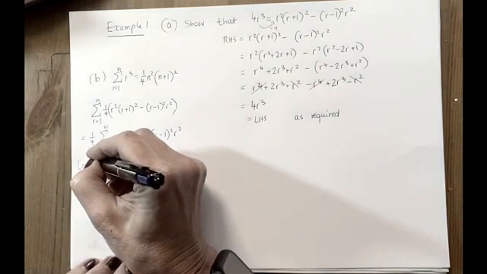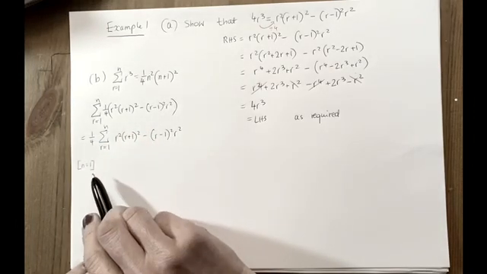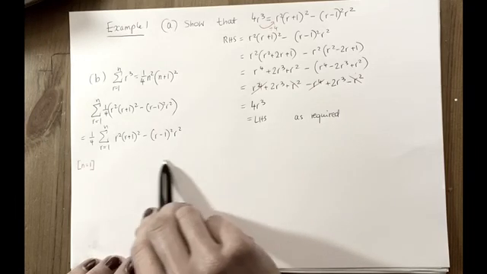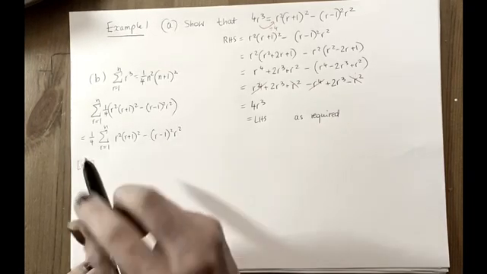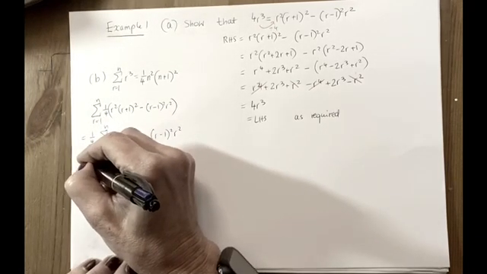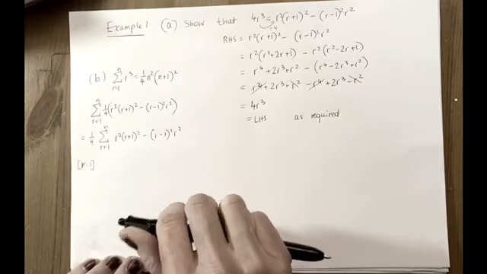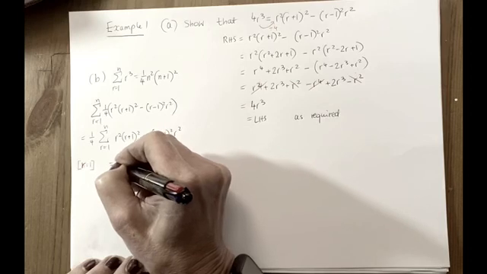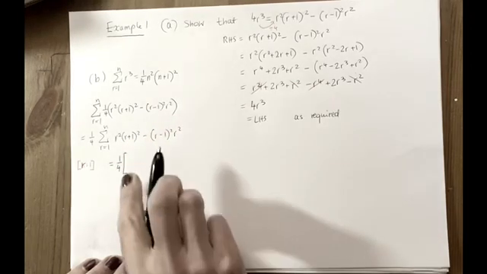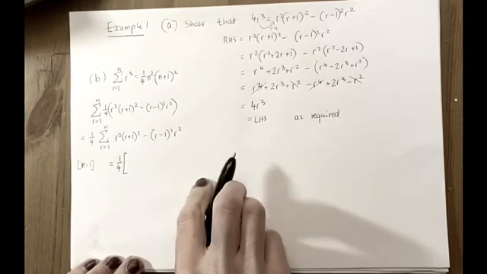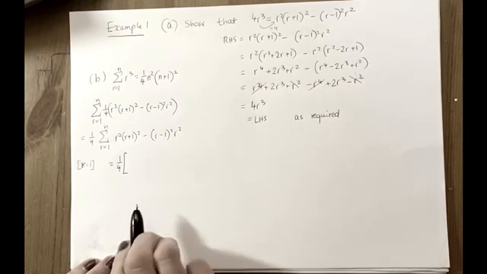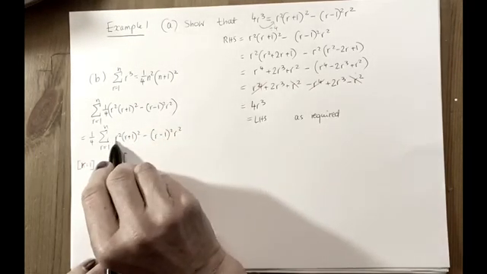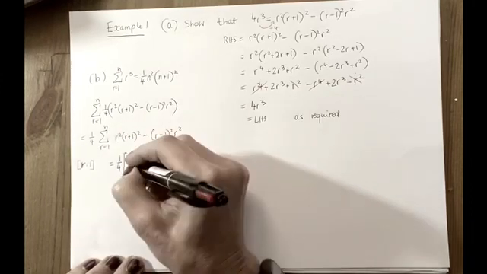The way to do it: we are going to find the first term first and write it on the first line. So the first term is found by substituting 1 instead of r. So this is equal to a quarter, and we'll open brackets and write the first term plus the second term plus the third term, and then we'll have the last 2 terms. The first term you evaluate by putting 1 into this expression.